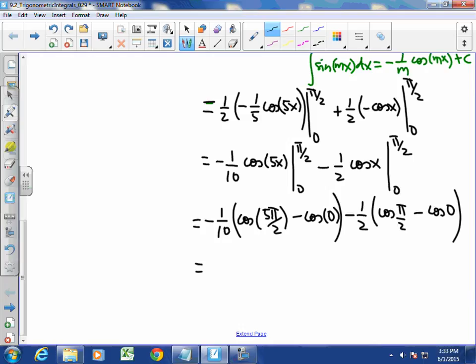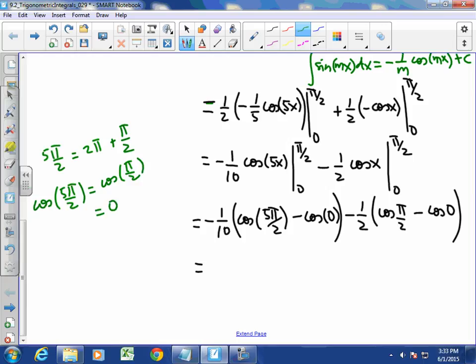Now, see that 5 pi over 2 is 2 pi plus pi over 2. And since cosine is periodic with period 2 pi, cosine of 5 pi over 2 is exactly the same as cosine of pi over 2, which is 0.